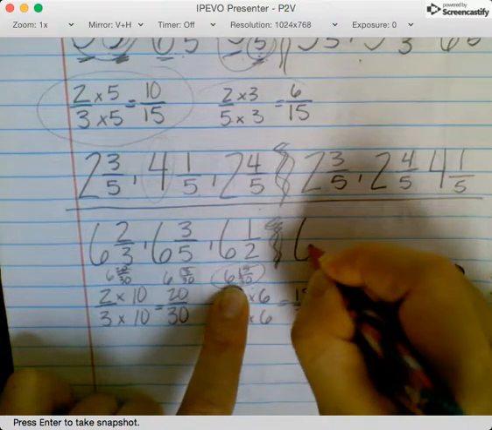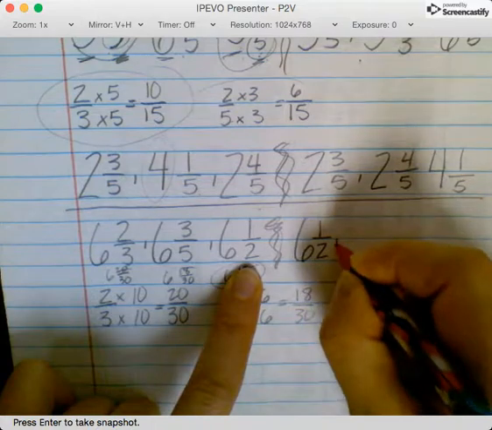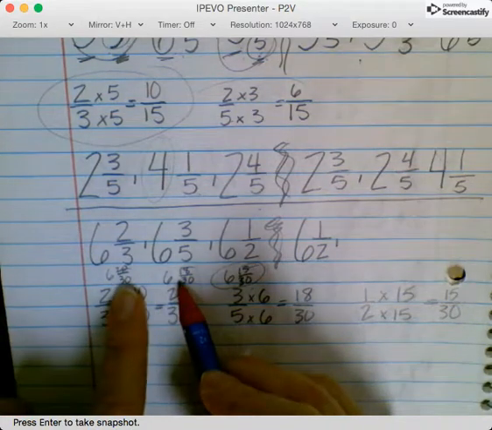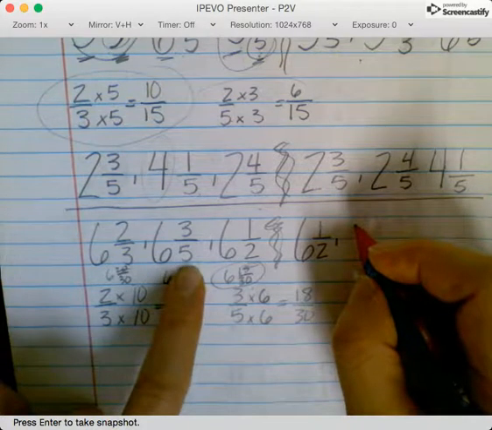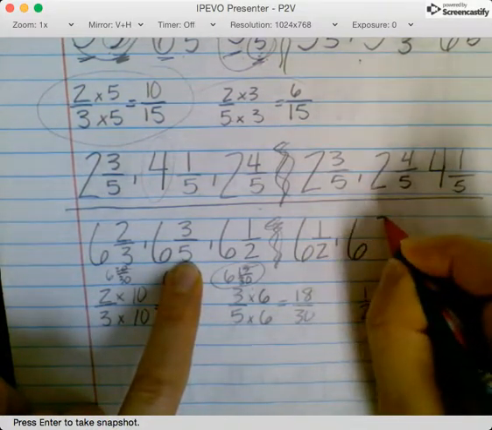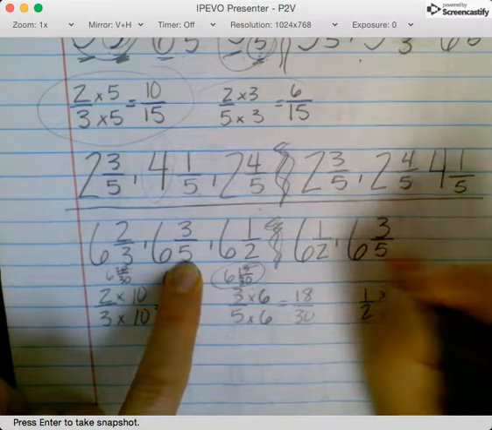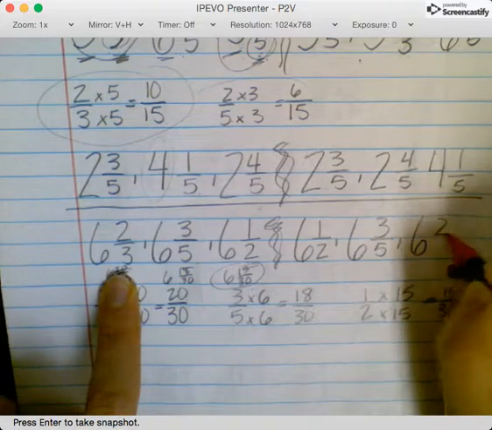So I have 6 1/2 is my smallest one. Then my next is this one, 18, which is 6 3/5. And then my last one is 6 2/3.